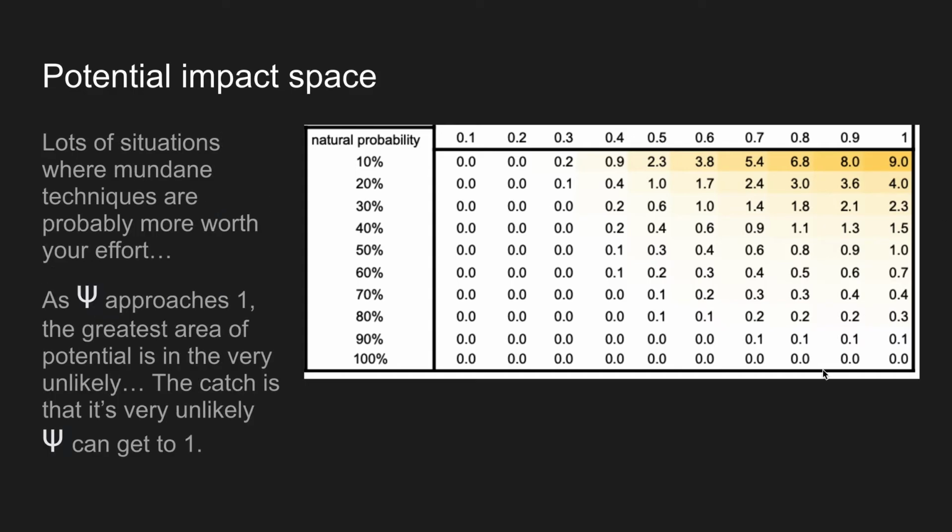So basically, most of the situations you're going to be in are going to do better with just mundane techniques. And it's kind of funny because Carroll says to make sure also to do all the mundane things that aren't magical at all, because otherwise you're asking your subconscious to sort of make them not happen.